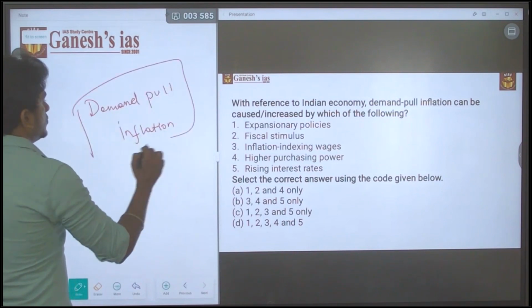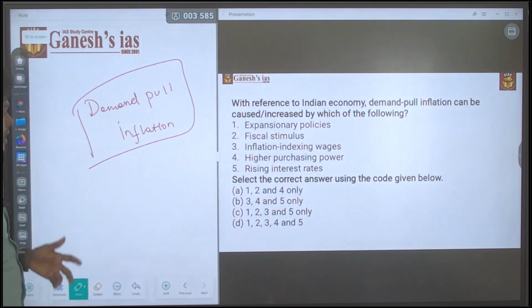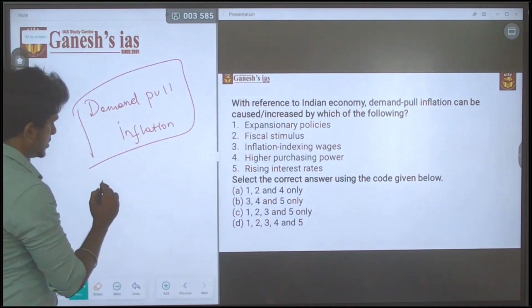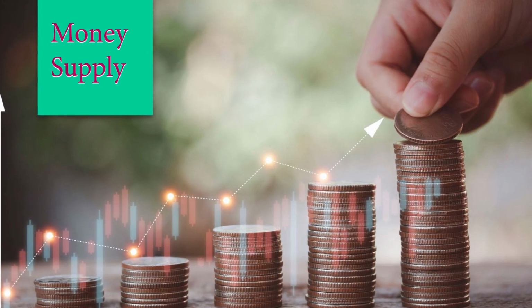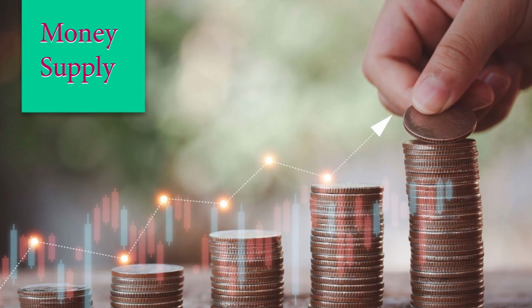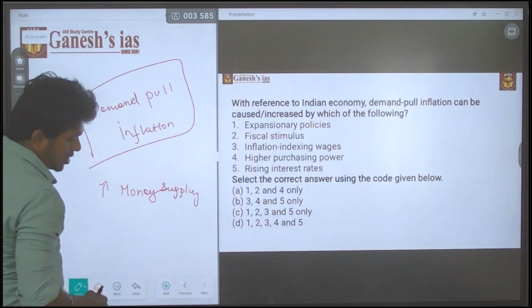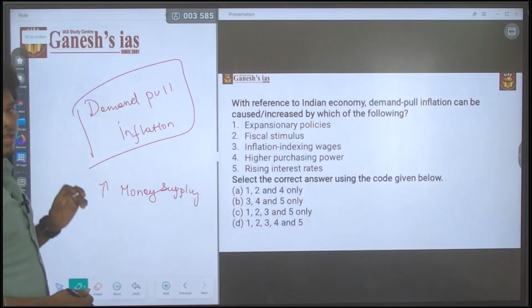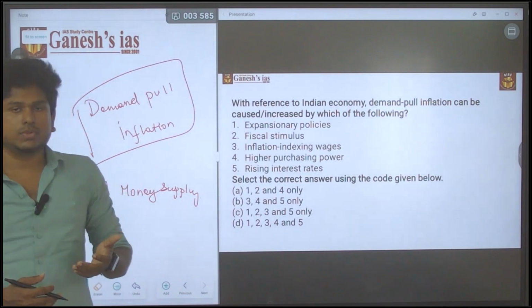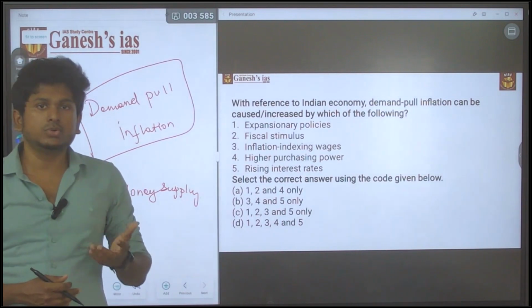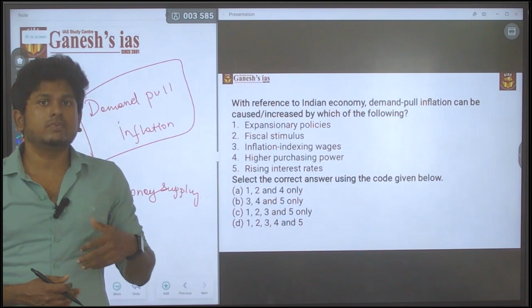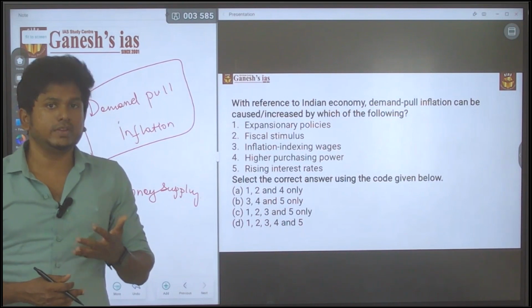When will demand pull inflation happen? If there is an increase in the money supply, if the people have a lot of money in hand, they will fight for the goods. They will fight to buy the goods, so that will lead to demand pull inflation.